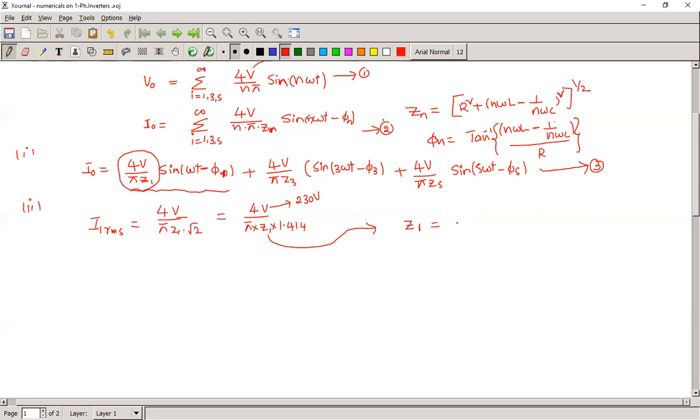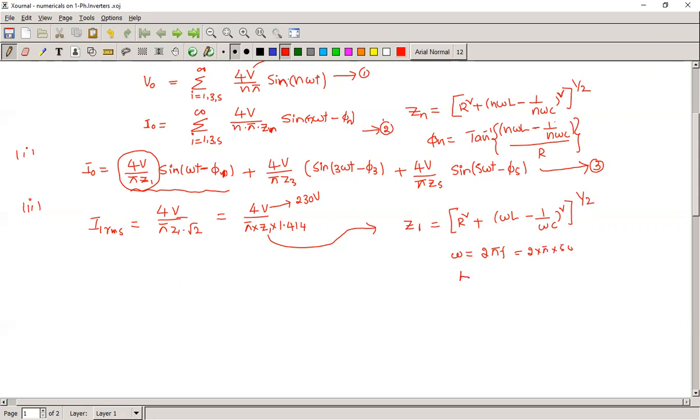So this is equal to root of R square plus omega L minus 1 by omega C whole square. Here omega equal to 2 pi f, the output frequency given, so 2 into pi into 50.